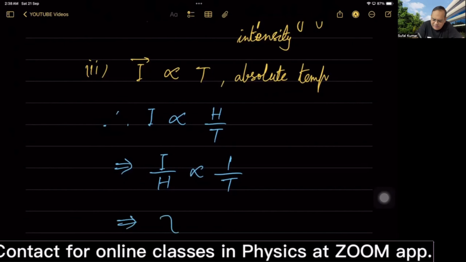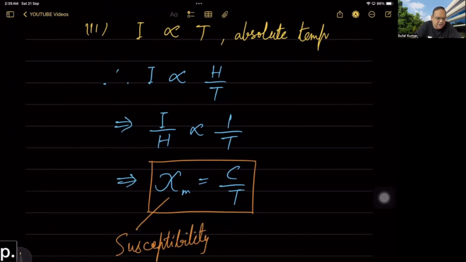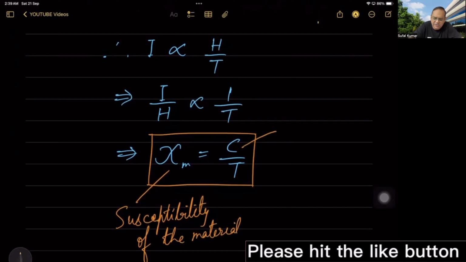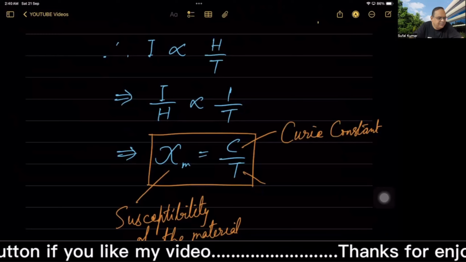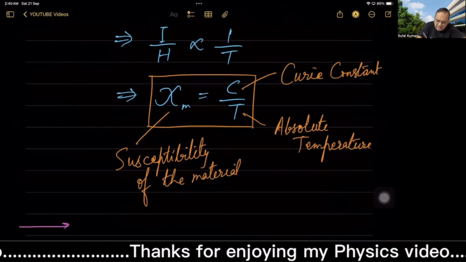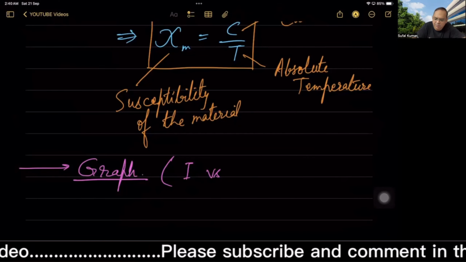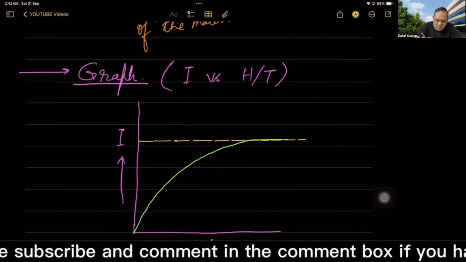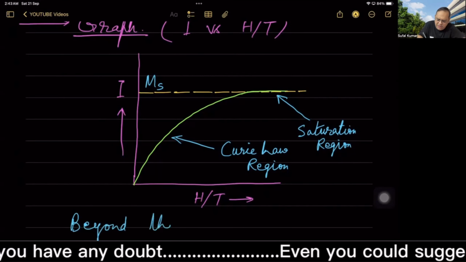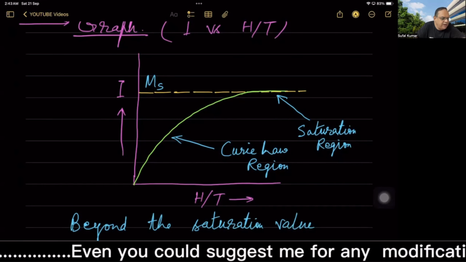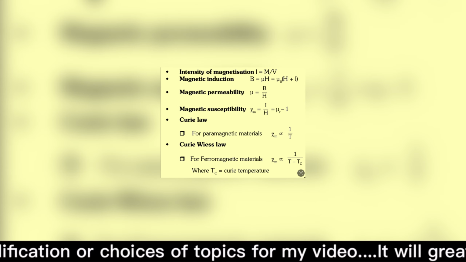So chi m is equal to C by T, where chi m is the susceptibility of the material, C is the Curie constant, and T is absolute temperature. This is the graph of I versus H by T, with the Curie law region, and this is saturation. Beyond the saturation value, Curie law is not valid.